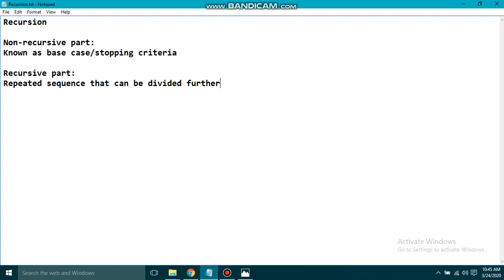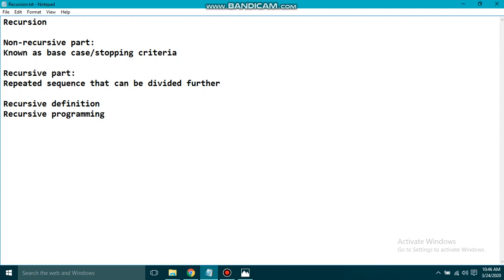So first comes the recursive definition, then we have the recursive programming. So what is recursive programming? Recursive programming is basically defining a method that calls itself.